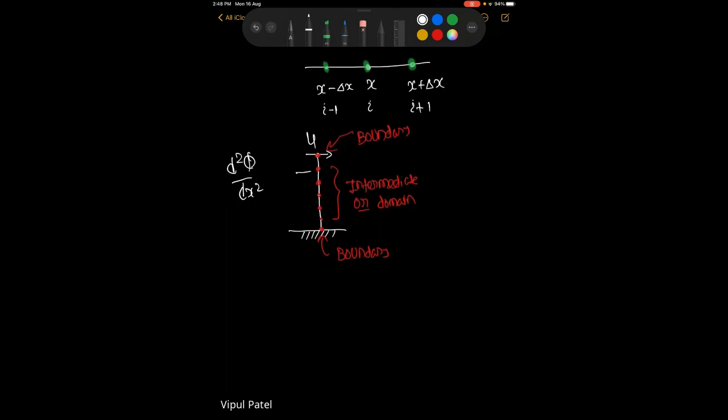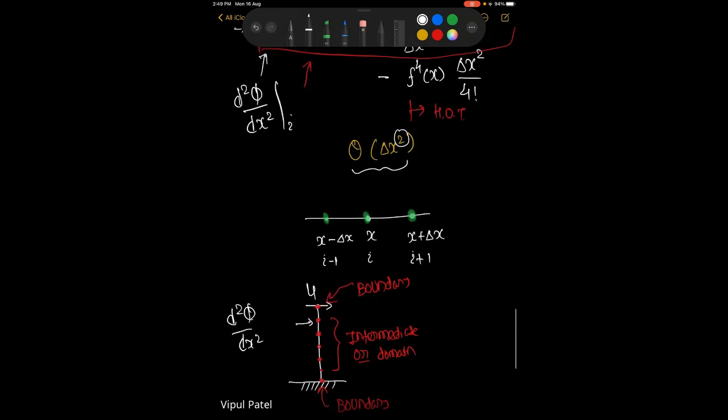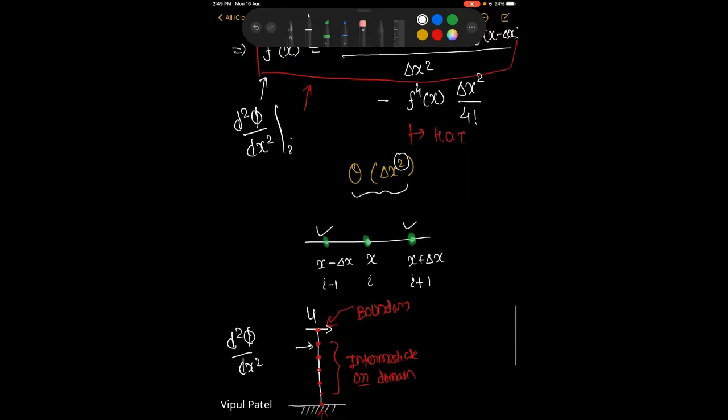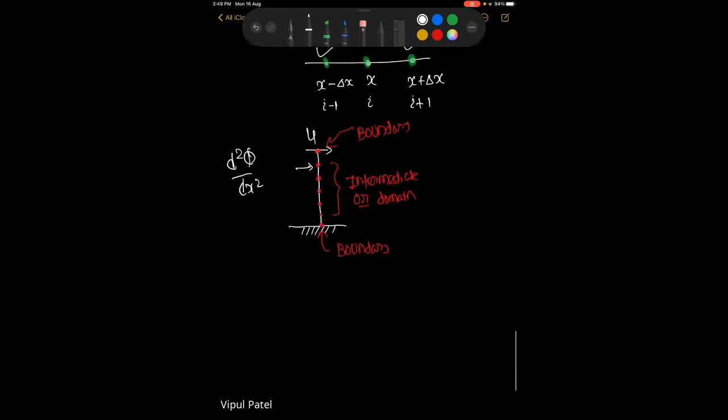For example, if I talk about this particular node, I need two neighboring nodes, as you see here you need two neighboring nodes for this particular x. Here also these are available. Similarly, for this particular node I also have two neighboring nodes, so I can use the expression which I just derived.